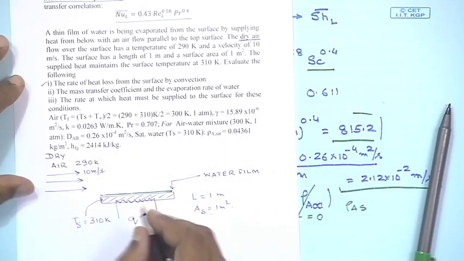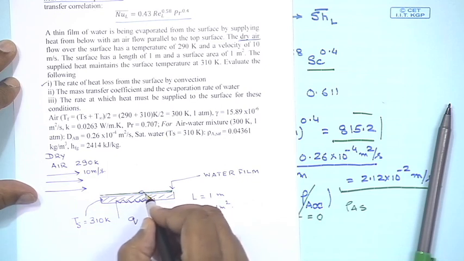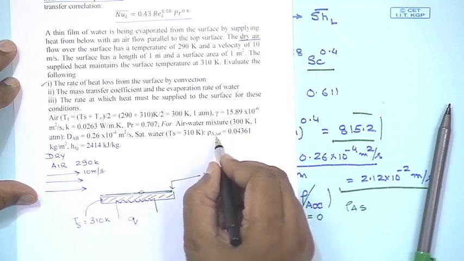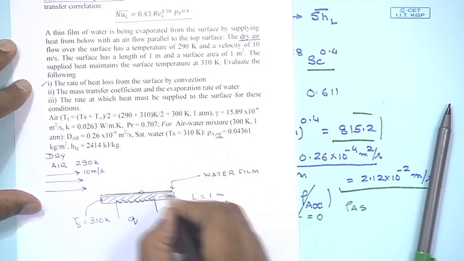What we are assuming here is that the water molecules on the vapor side, on the air side, and the water molecules on the liquid side are in equilibrium, and the vapor just in contact with the air film is saturated. So, the concentration of water at this junction can be taken equal to rho A sat.